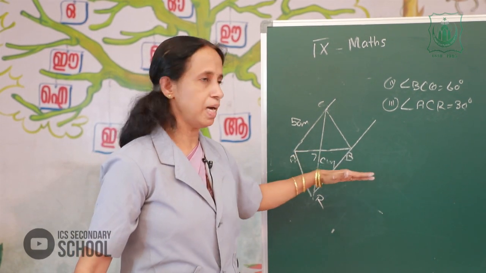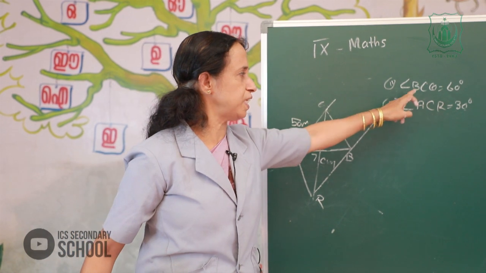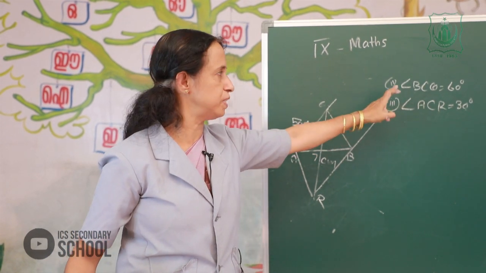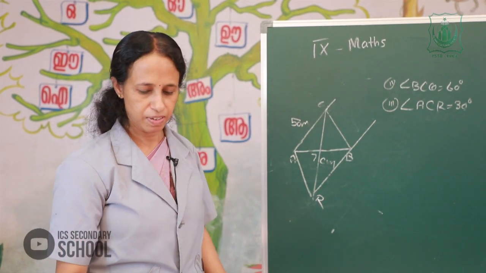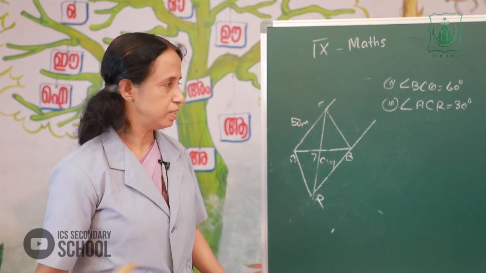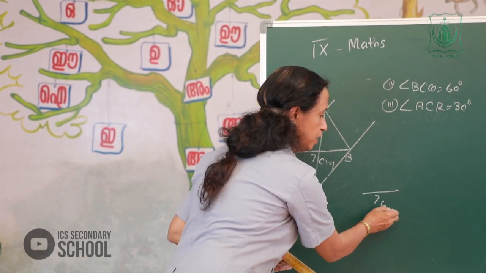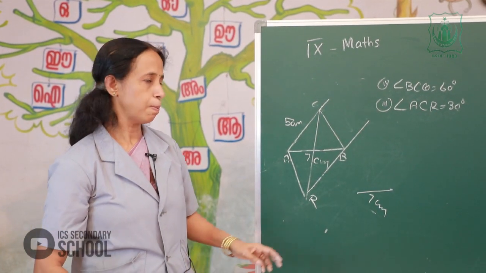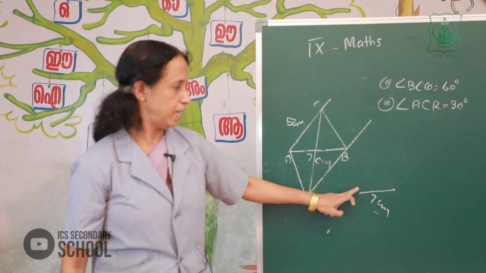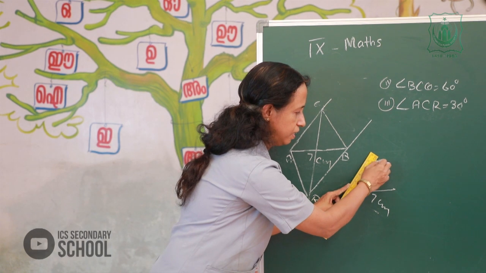Draw triangle ABC. Here angle BCQ is equal to 60 degree. First draw this triangle, 7 centimeter. Angle at A is equal to 60 degree.